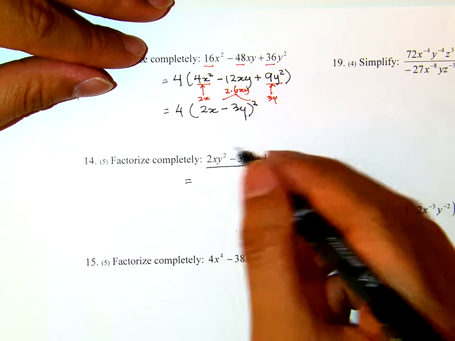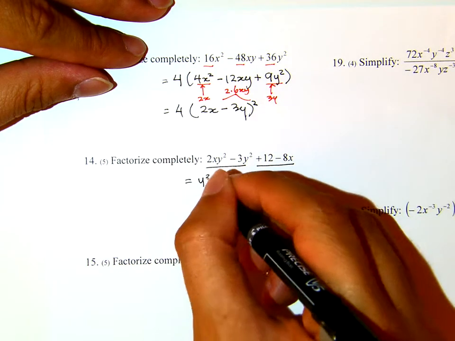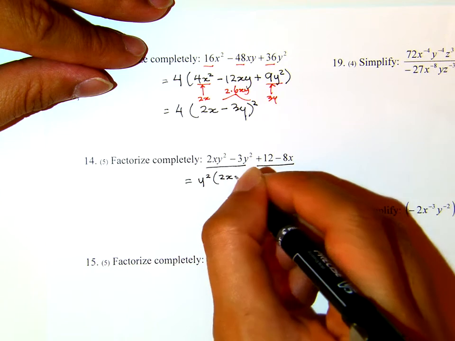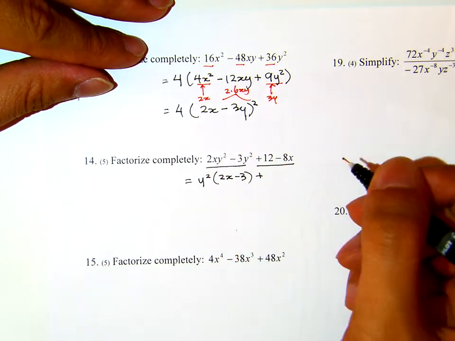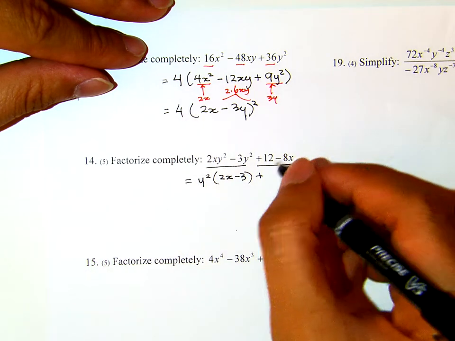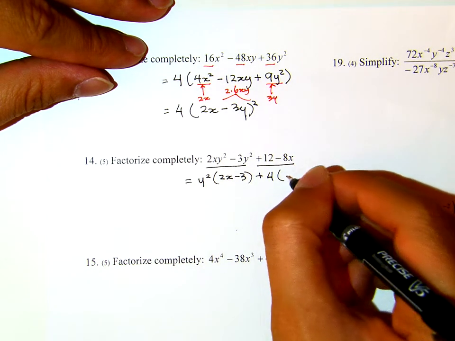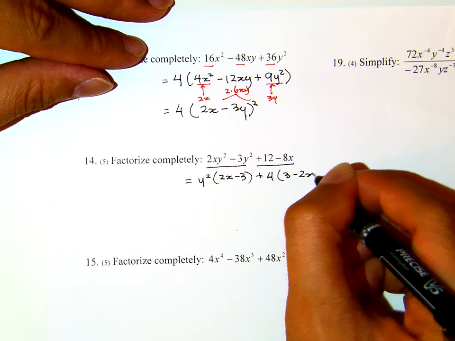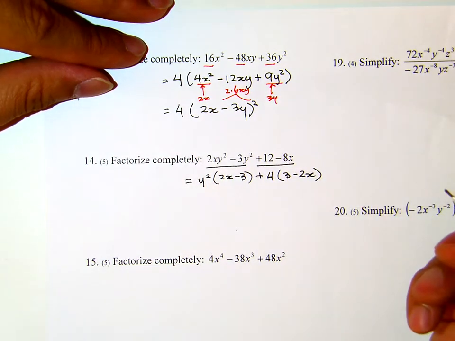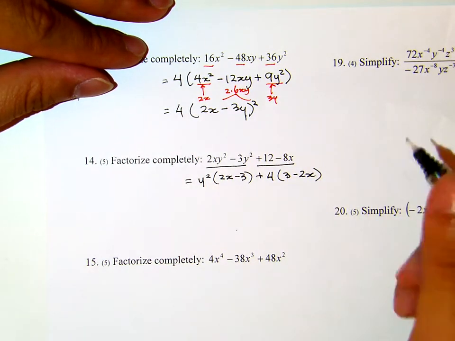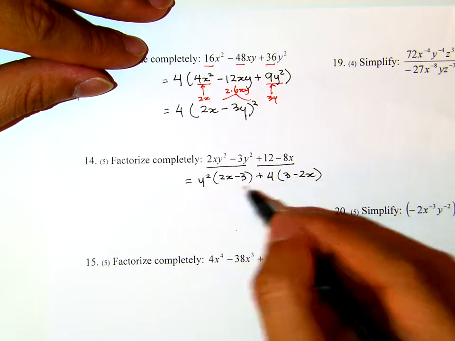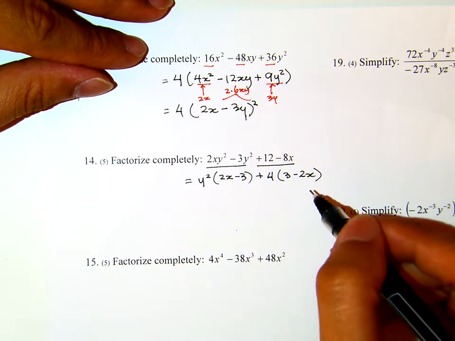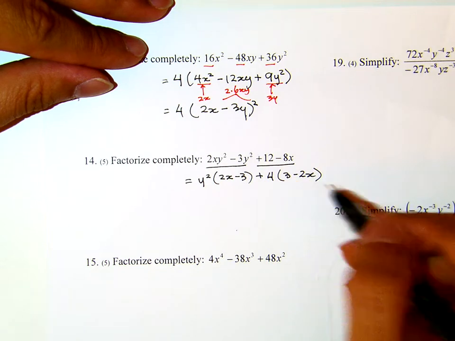The first half, the first 2 terms, I can factorize y squared out. I get 2x minus 3. And for the second half, the last 2 terms, I think I can take 4 out, so that I have 3 minus 2x. Now inside the grouping, notice that they are opposites, right? 2x minus 3 is the opposite of 3 minus 2x.